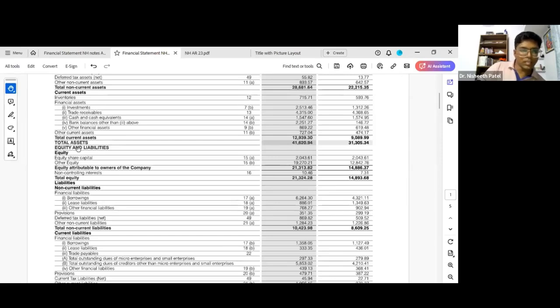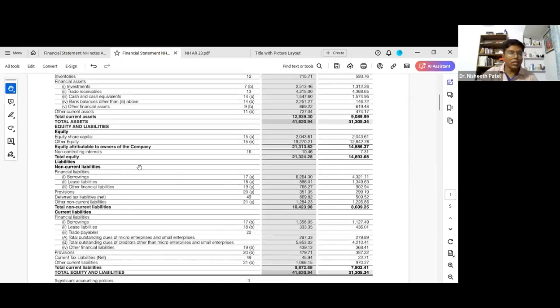Now, if we look at the equity and the liabilities, equity share capital is the shareholders' money, and in the liability segment, we can see the non-current liabilities, they have borrowings of around 6,264 million.